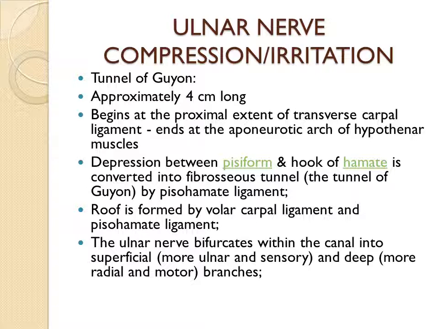And then it also bifurcates into the deep branch, and the deep branch is located more radially in position within the canal, and it's this branch that carries the motor branches into the hand. And we talked about the muscles that the motor branches serve, and we'll go into a little bit more detail on those here in just a moment.